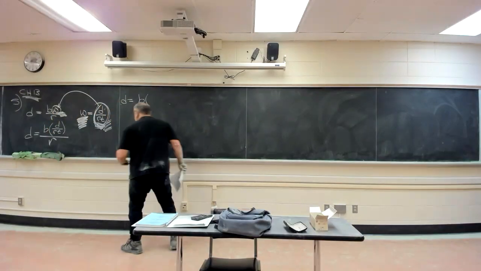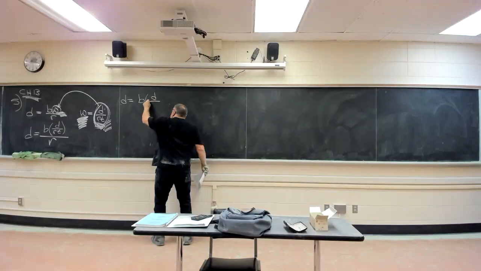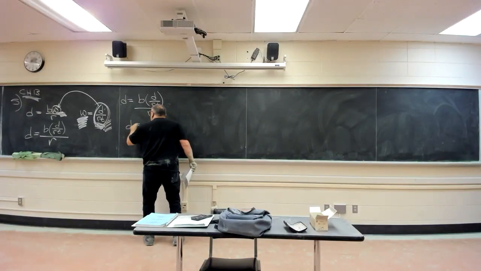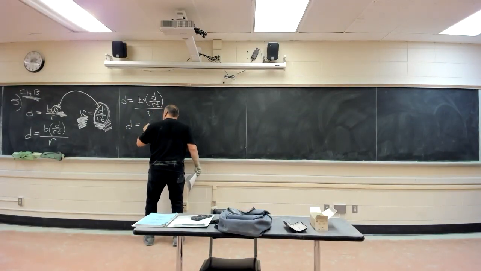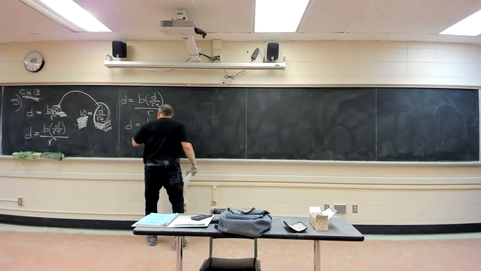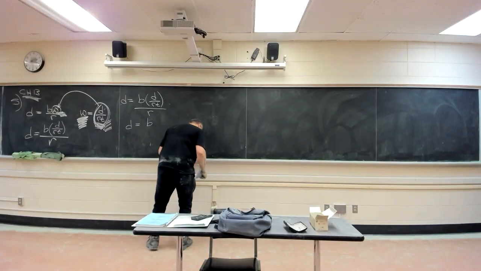D equals B, D over RT, over R. Dividing by R is a very interesting point in its own right. How rigorous do we want to be with this?